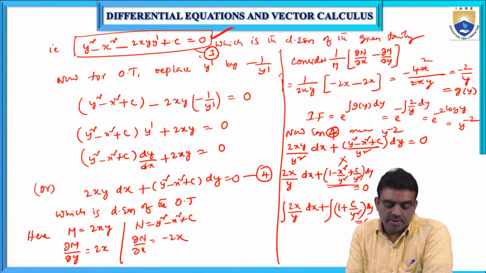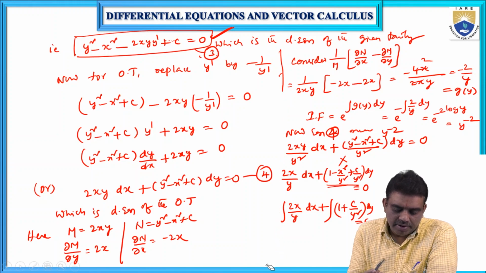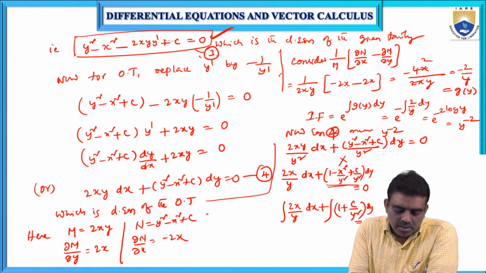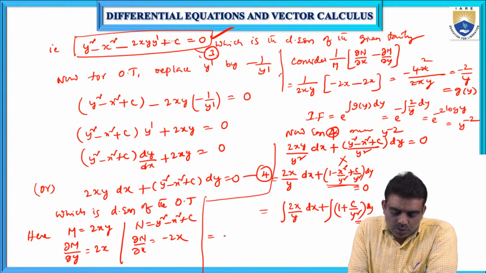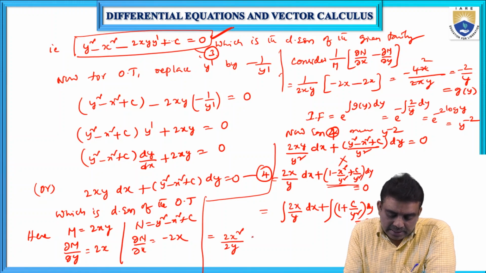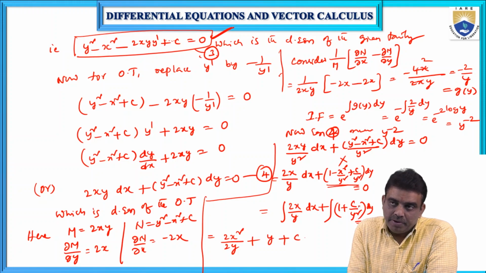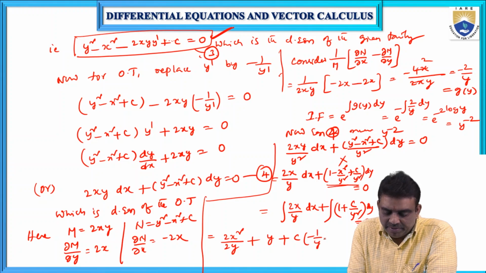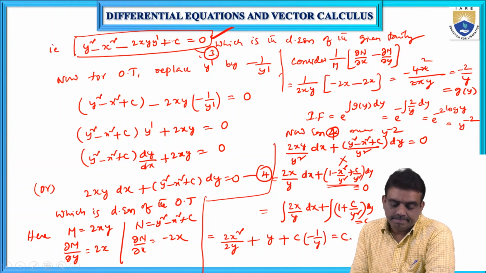So almost we are in the final phase of the solution. So what is the integration? This is 2x square by 2y, 1 by y constant because we are integrating with respect to x, plus integral of dy, y, c into y power minus 2 dy, y power minus 2 plus 1 by, that is minus 1 by y is equal to c.